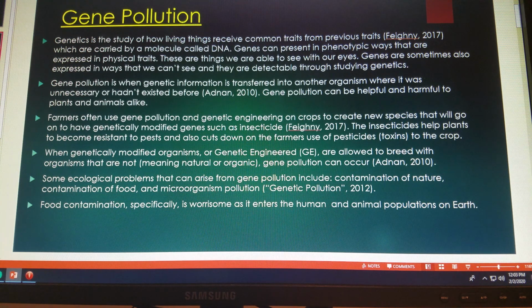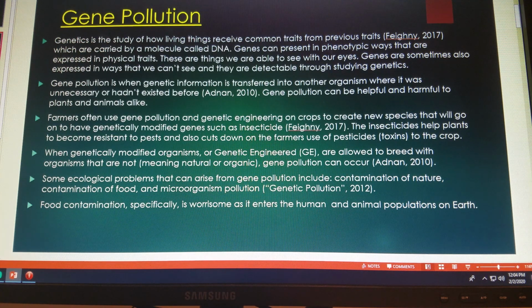Farmers often use genetic engineering on crops to create new species that have GMO genes, or genetically modified genes, such as insecticides. Having these insecticides makes plants more resistant to pests or insects, and also cuts down on the farmer's use of pesticides, which are toxins to humans, so that can be helpful to us. So GMO plants do have some benefits.